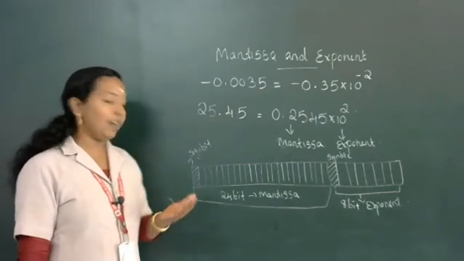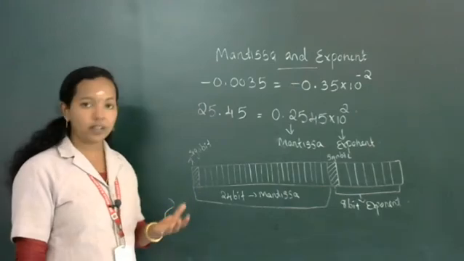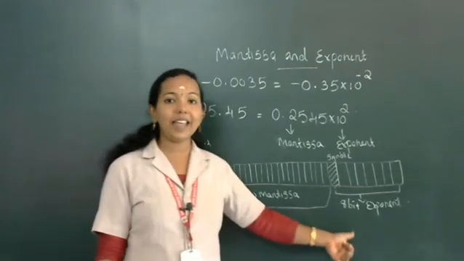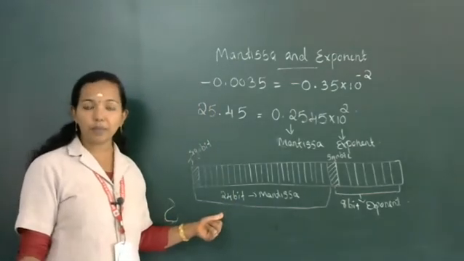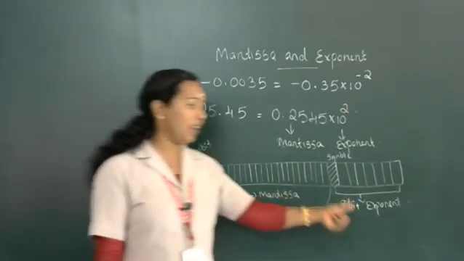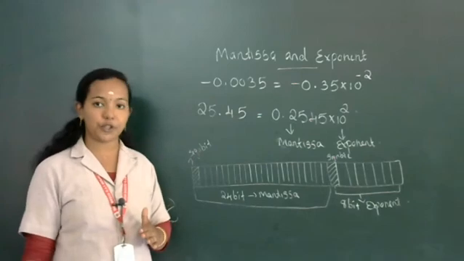Total number of bits, the word length, is 32 bits. In that 32 bits, 24 bits are for the mantissa and 8 bits for the exponent. From this 24-bit, the leftmost bit is treated as the sign bit, and in the exponent also, the leftmost bit is treated as the sign bit.